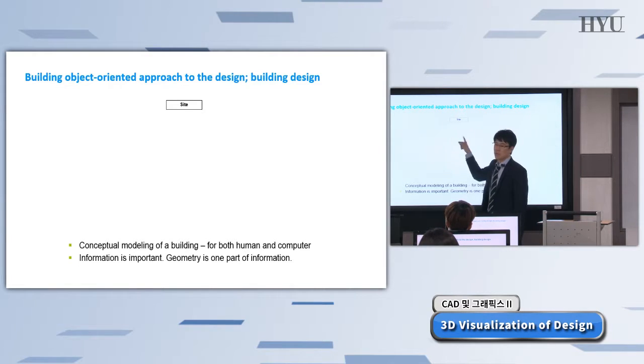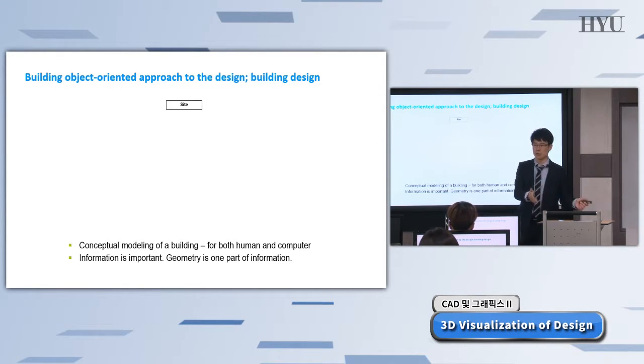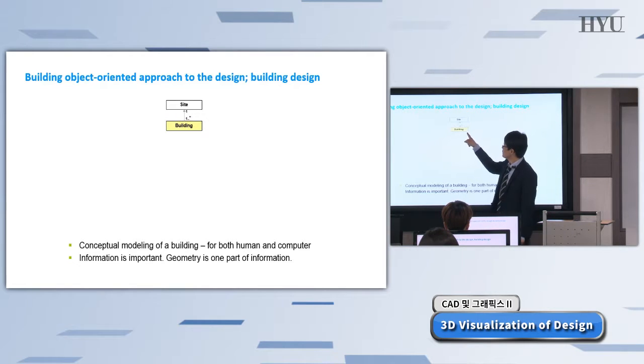Firstly, you have a design site, okay, in the real world, Hanyang University site or somewhere in Seoul city or a different place. There is a site and there is a building or many buildings. For example, this is a sort of computer science or engineering notation, which means one site has one or many buildings, okay?